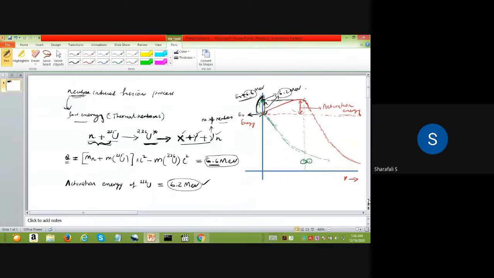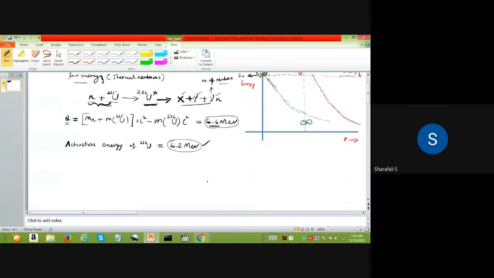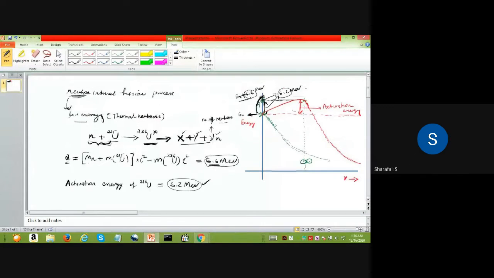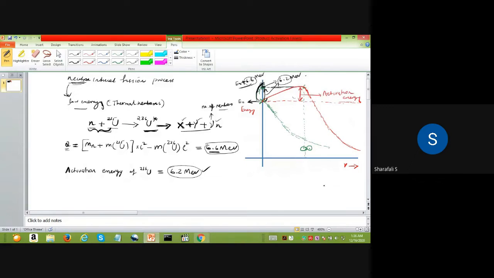So by this method, by bombardment of neutrons, we can have this kind of nuclear fission. When there is a nucleus which has a ground state energy that is smaller, it requires more energy to cross that potential barrier.